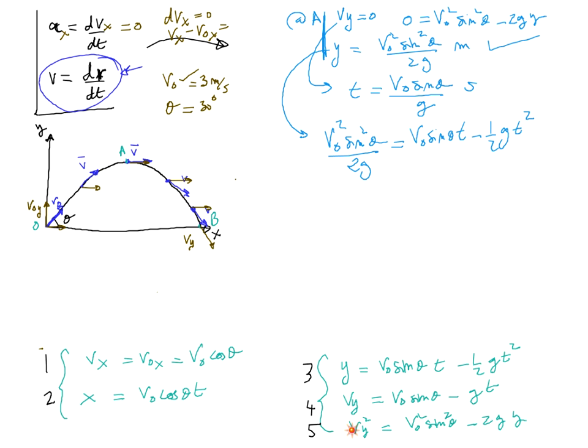Try it. It's a good idea. Let's see if that helps. If you replace Vy by V naught y, which is V naught sine theta, what are you going to obtain for t? Just by looking at it.